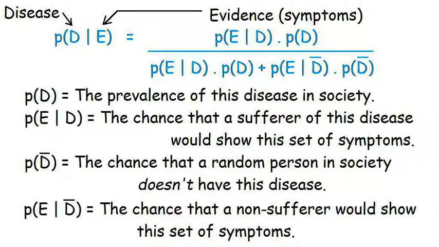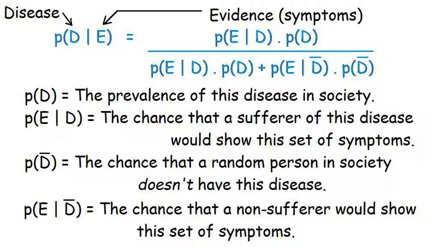In this equation, P of D is the prevalence of the disease in society, i.e. the probability that any random person chosen from society has that disease. Very low, I hope. P of E given D is the probability of the evidence assuming that the disease is present, i.e. the probability that a known sufferer of the disease will show symptoms that the patient is actually showing.